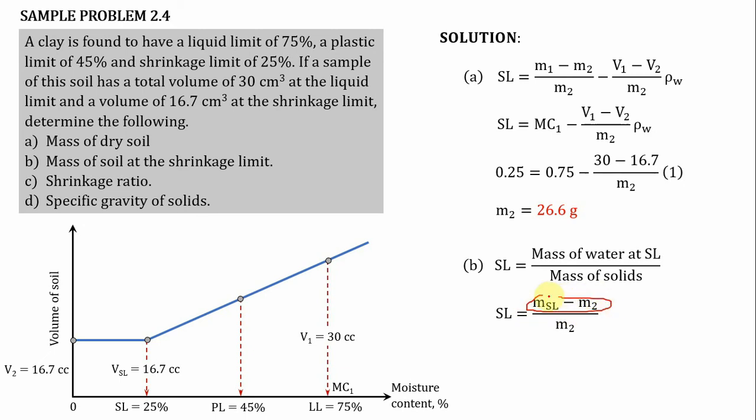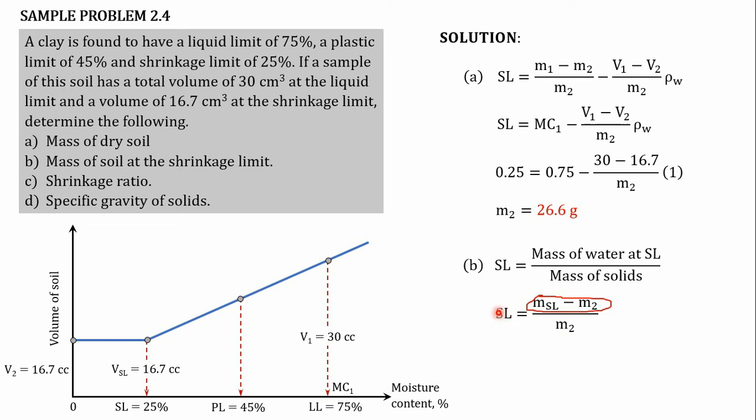So, mass ng shrinkage limit minus mass ng dry, that is the mass of water present at the shrinkage limit. Okay? That is the mass of water. And divided by the mass of solids or mass ng dry, itong term na yan, that is represent the moisture content.